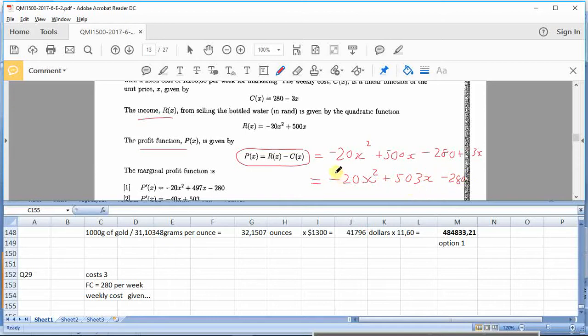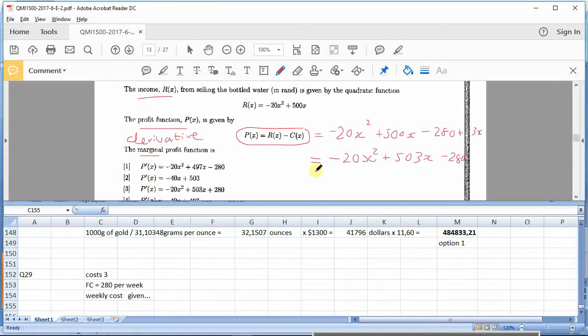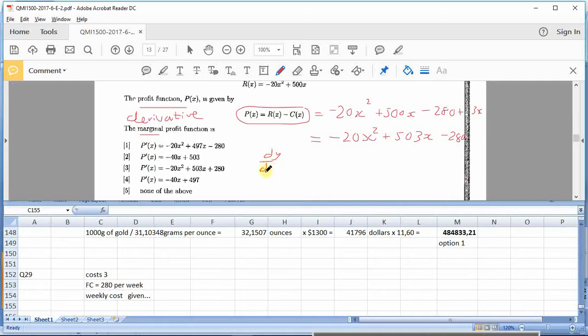Do you agree that's the profit function? Yeah. How do we get marginal? Marginal means get the derivative. That's what we covered previously in terms of theory. So the derivative, dy over dx, or P dashed x, is 2 times minus 20, which is minus 40, and then x to the power 2 minus 1, which is 1, plus 503. You drop the x. That's the derivative. Okay, option 2.